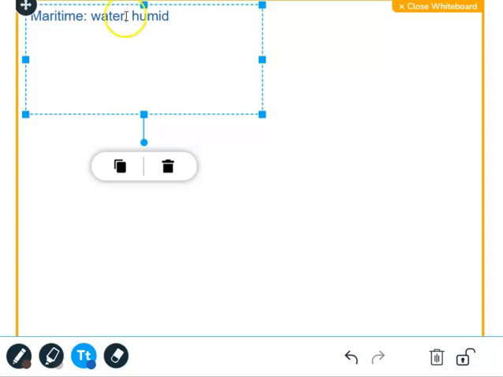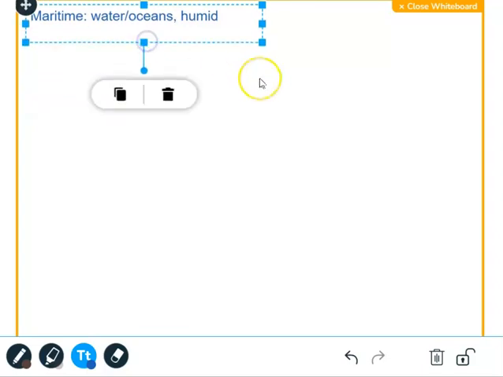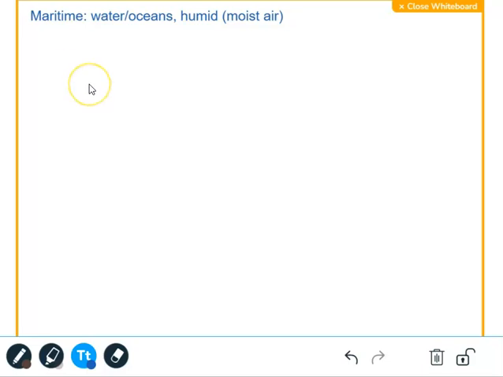Because a lot of the times it's going to be over the oceans, like you said with marine. But the air itself associated with maritime is going to be humid. All right, so we have maritime. We associate it, very correctly, with the marine. It's having to do with a lot of oceans, because there's a whole bunch of oceans that cover the earth.